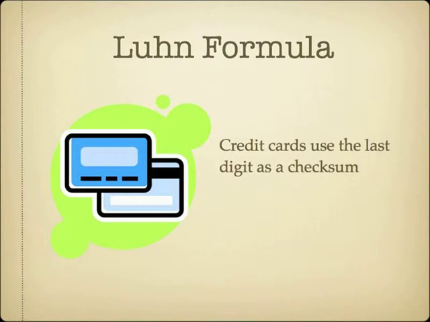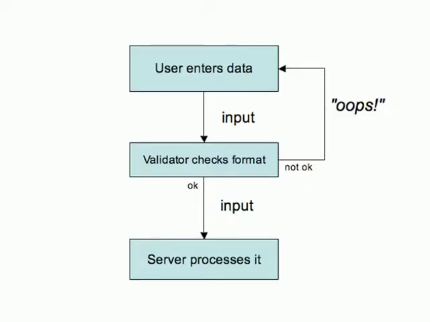Hundreds of thousands of credit card numbers are entered into websites every day, and people are bound to make mistakes. Now, the sooner you can detect those mistakes, the better. It's less frustrating for the user if they can be told straight away they've made a mistake, and of course, it's cheaper for the website and for the banks if you don't have to waste time and resources processing numbers that aren't valid.